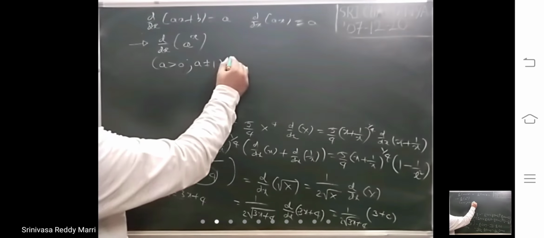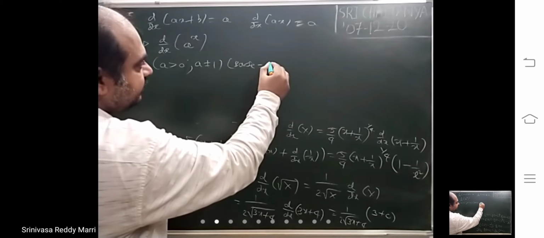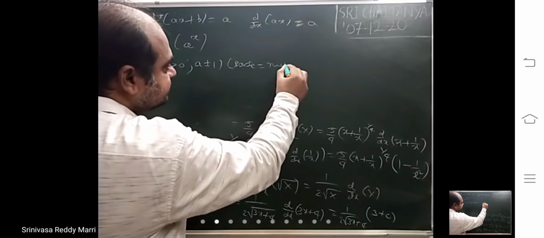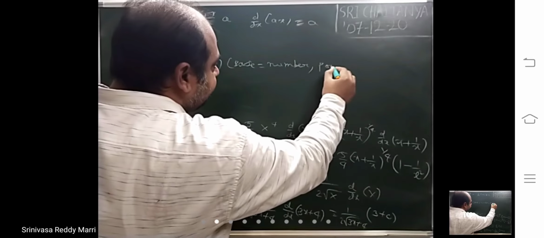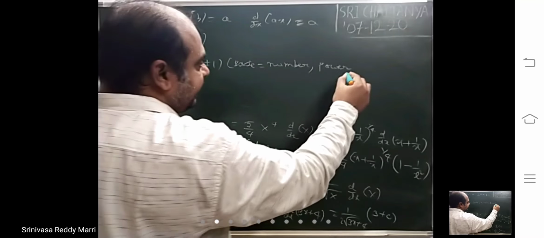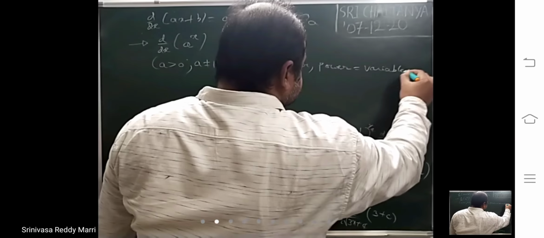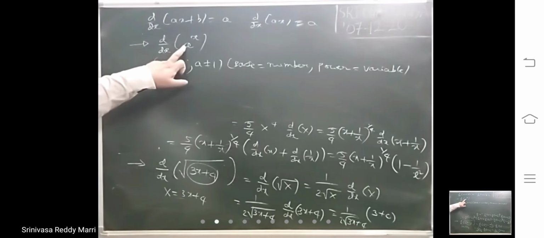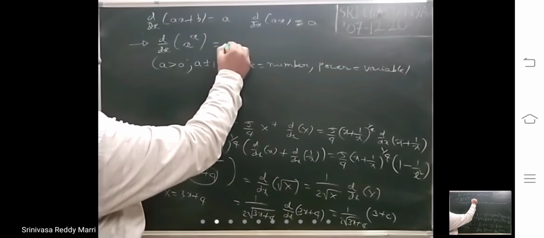That means here we will apply this rule if the base is a constant number and the power is a variable. The difference between x power n and a power x is, in the previous one the base is variable and the power is constant. Here the base is constant and the power is variable.